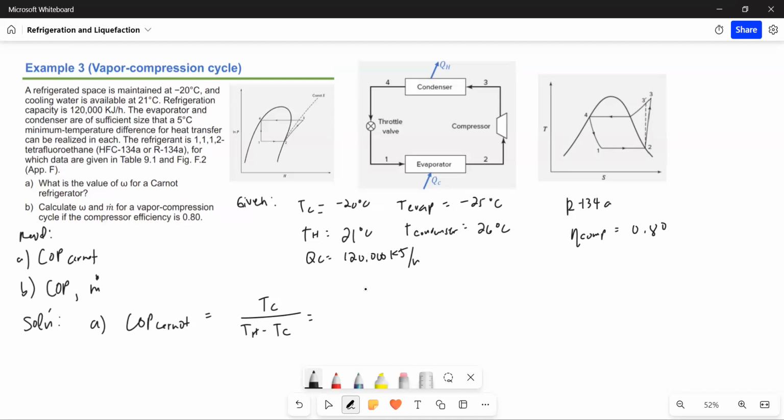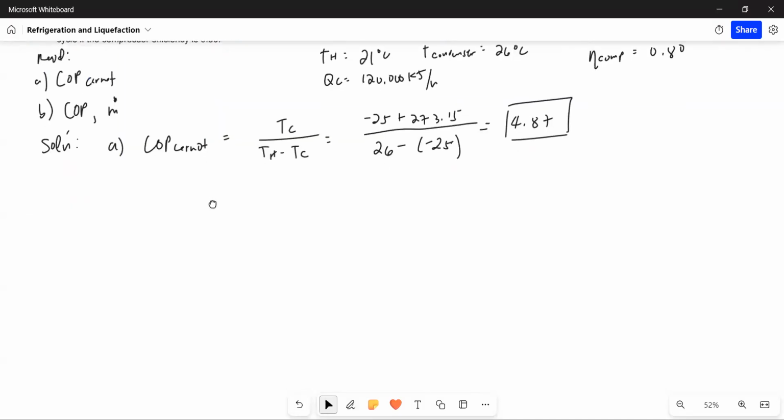Use the evaporator temperature, negative 25 plus 273.15, over the difference between the two, this one and this one. That is TH, 26 minus negative 25. And you will get 4.87. Okay, so that's the answer for letter A.